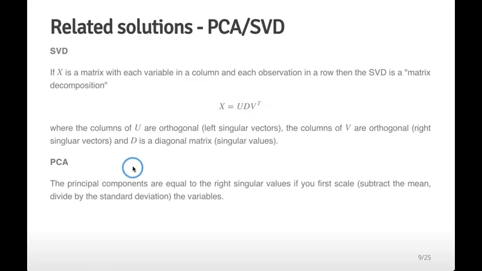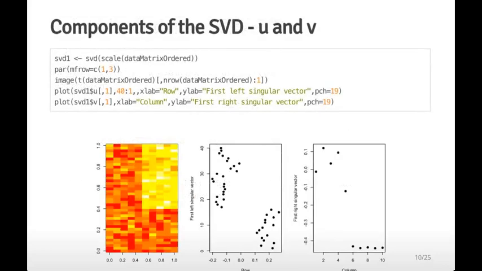The principal components of a matrix are actually equal to the right singular vectors if you first scale the variables by the appropriate quantities before performing the singular value decomposition. In other words, the SVD and PCA give you the same solutions if you perform the right pre-processing first.